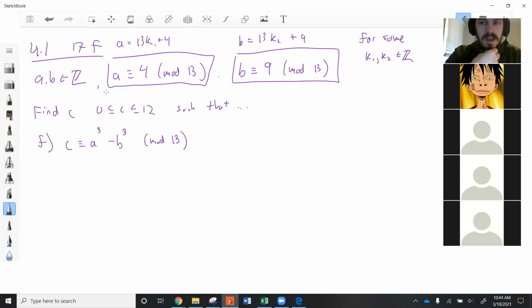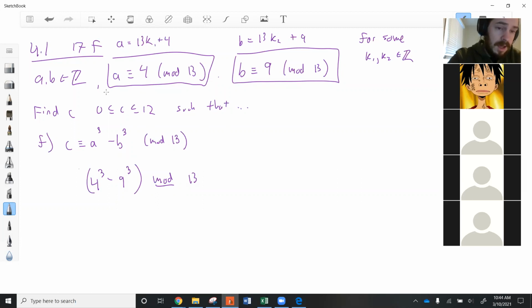If we just do 4 cubed minus 9 cubed, and then reduce it mod 13, figure out what the remainder is mod 13, that should be the correct remainder that you get when you take any other A and B values, A cubed minus B cubed, and reduce that mod 13. So let's see what the answer is going to be here.